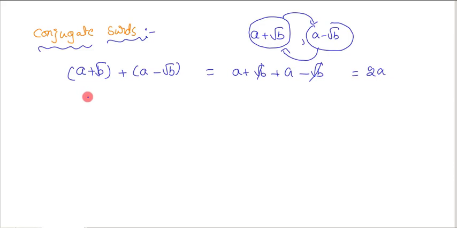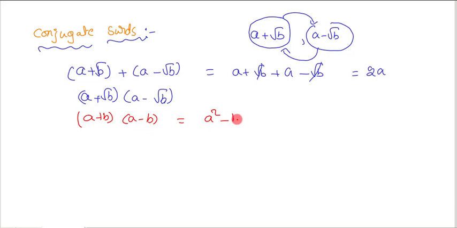In the same manner, if you take the product of two conjugate surds, that is a plus root b into a minus root b, this product is in the form of (a plus b)(a minus b), and we know that (a plus b)(a minus b) can be written as a square minus b square.